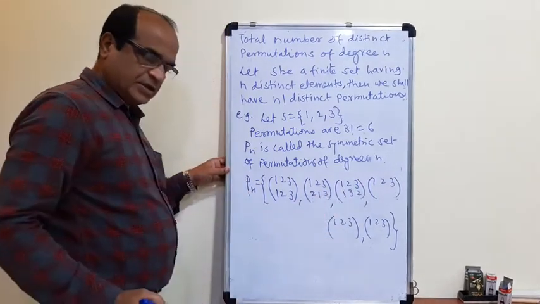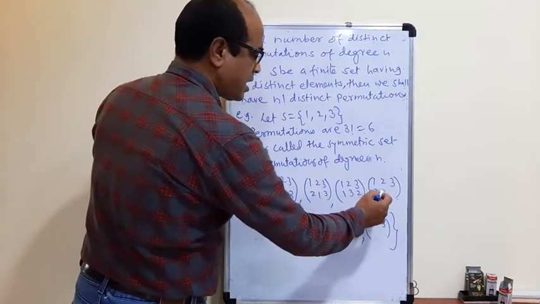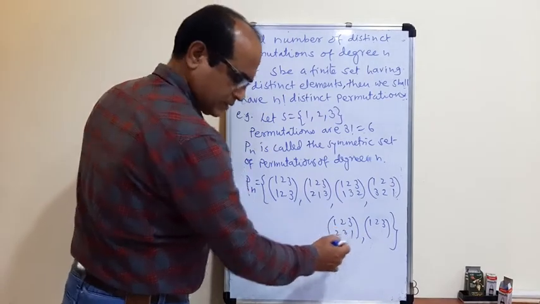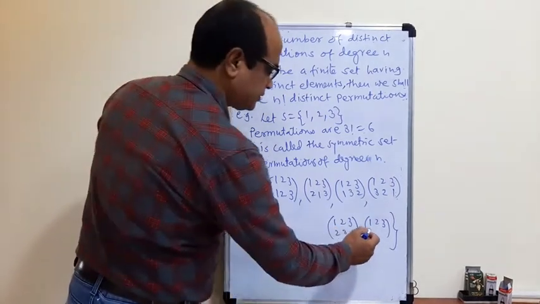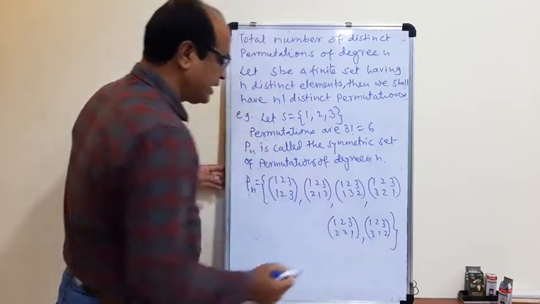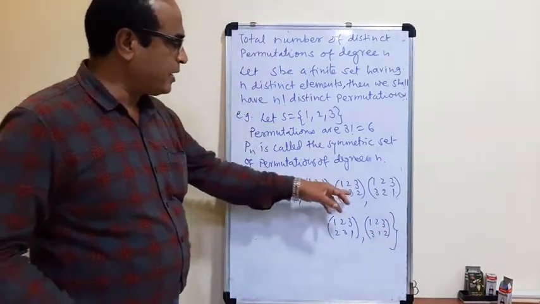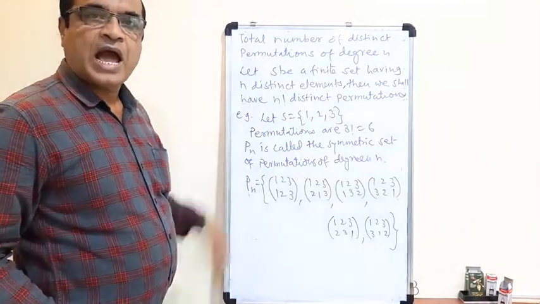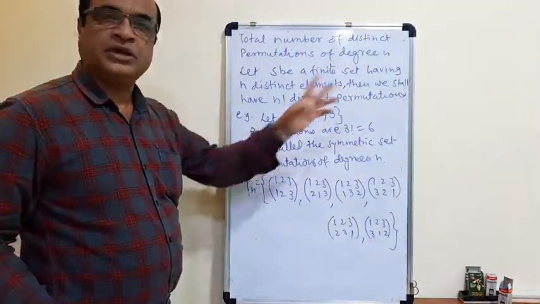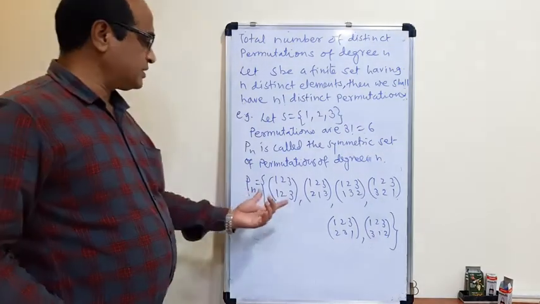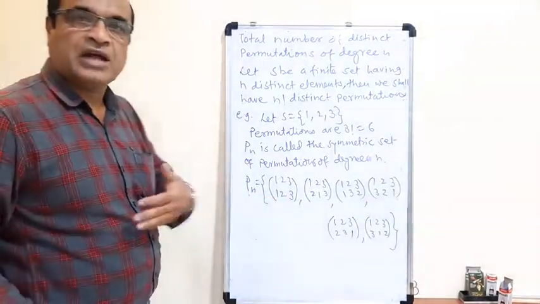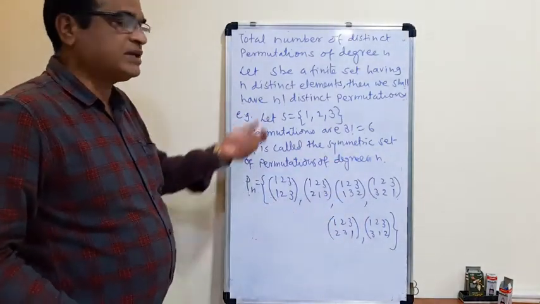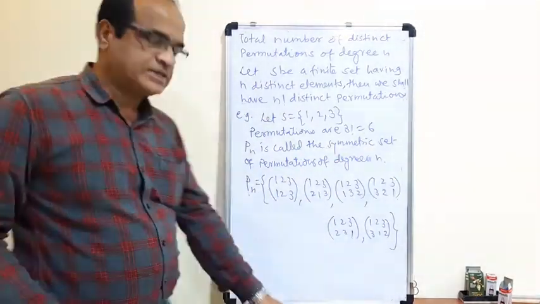Then 3, 2, 1. Then 2, 3, 1. Then 3, 1, 2. So there are 6 possible permutations of this set having 3 elements 1, 2, 3. So this set is denoted by P_n, the set of all permutations, and there are 6 possible permutations of the set. This is a very simple example.